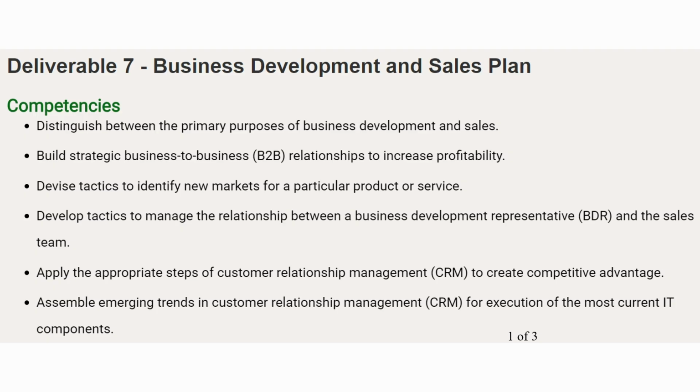All right, let's look at the competencies and the scenario. For Deliverable 7, your competencies are: distinguish between the primary purposes of business development and sales. Next, build strategic B2B relationships to increase profitability. Next, devise tactics to identify new markets for a particular product or service.